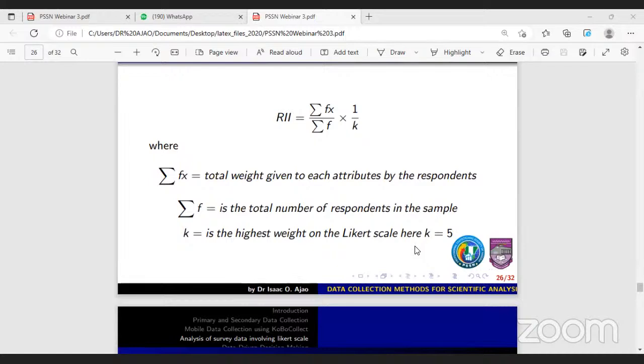There are some people that don't like using the 5-point Likert scale. The reason is that it gives room for people to pick neutral. If you administer your questionnaire to 100 people and 50 pick neutral, what kind of analysis are you going to get? Me, I'm of the opinion that we should even remove neutral.